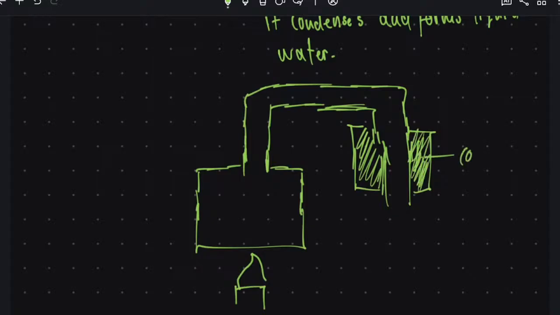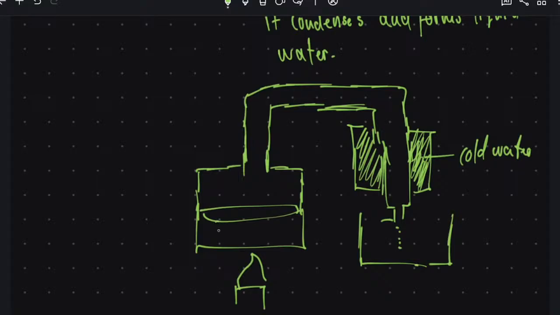So this is cold water. What does it do? It cools the water coming in and it can be collected here. So you had a solution. In here, it was the solution. When we say solution, we are saying it's tap water.